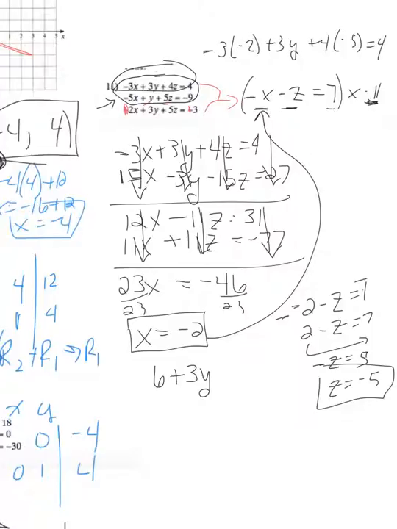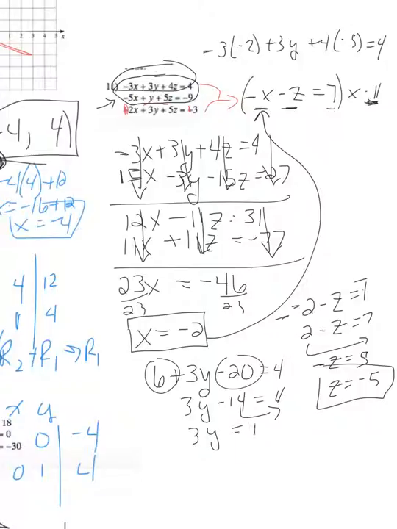Negative 5 times 4 is negative 20 equals 4. So I'll put the 6 and the 20 together. So I have 3y minus 14 equals 4. Add 14 to both sides. So 3y, 4 plus 14 is 18. Divide off the 3, so y is 6. So there's our answer set for that one.